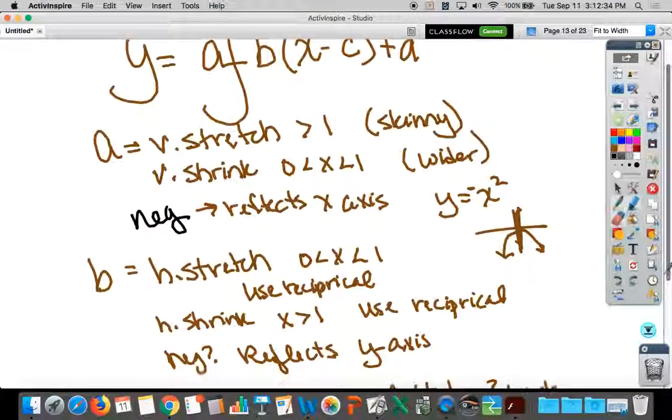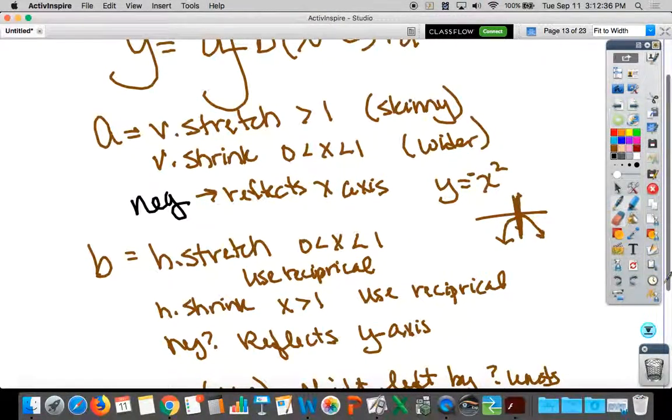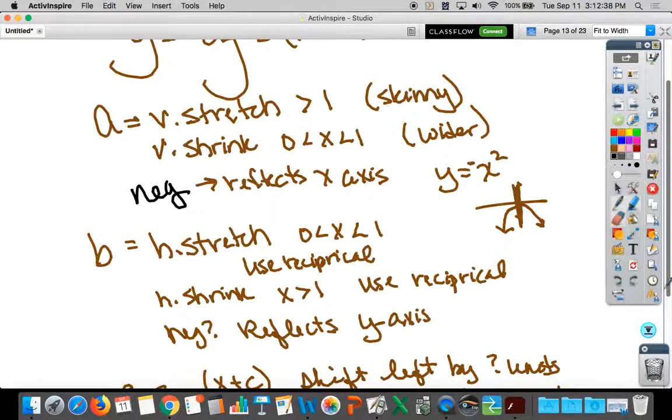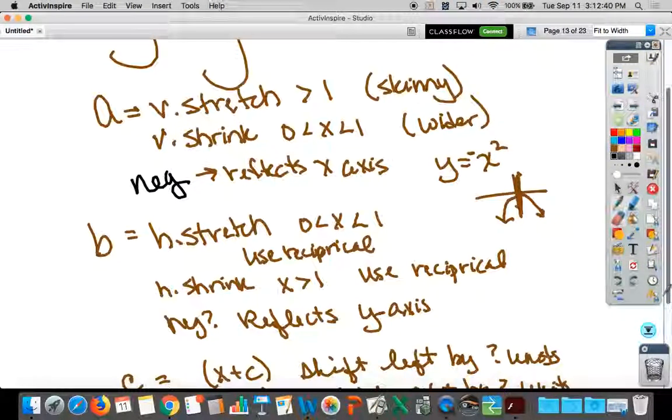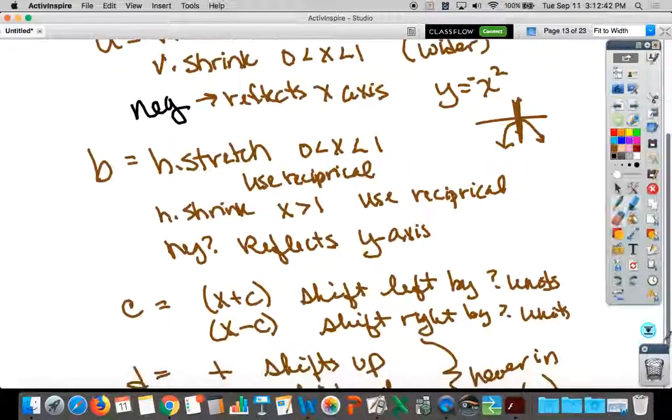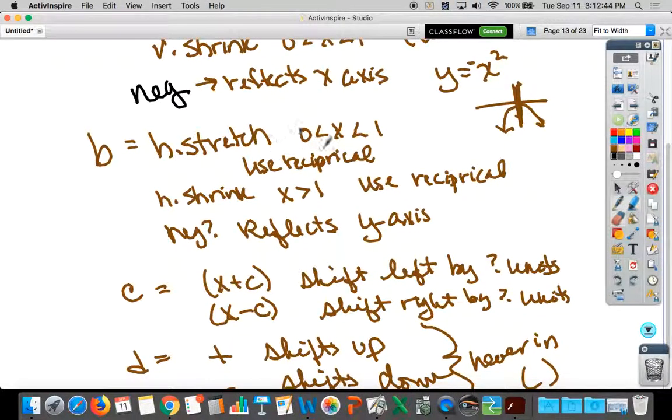Okay. So B's, which I don't think we have a lot of, we don't typically deal with B's. But B is a horizontal stretch if it's between 0 and 1. Use the reciprocal. I don't think you have any of these.